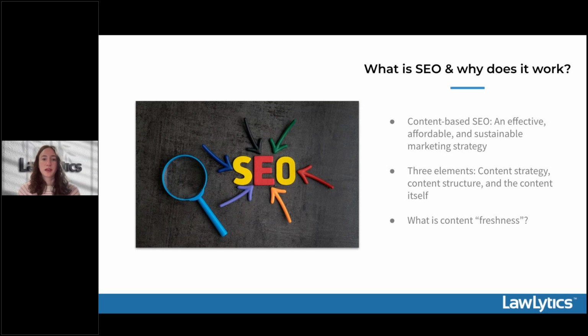And it's also what makes the most sense considering Google's redeclared focus that we saw in the core update. So every web page on your website will need to have three key elements to be effective, and those are content strategy, content structure, and then the content itself.